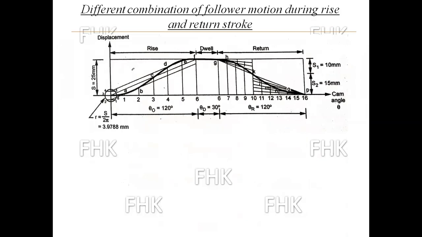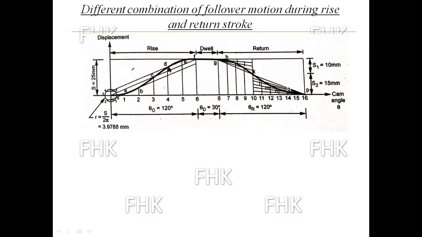Okay, so I will show some different combinations of the follower motion which are given in forward stroke and in return stroke, or during rise and return stroke. Any combination can be asked in the examination. This is the outward stroke or rise of the follower, or forward stroke.